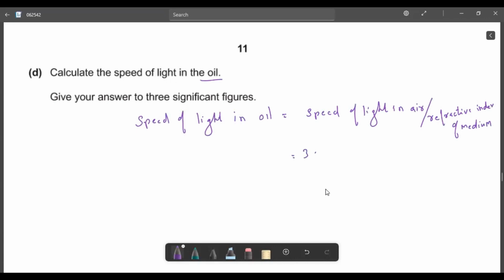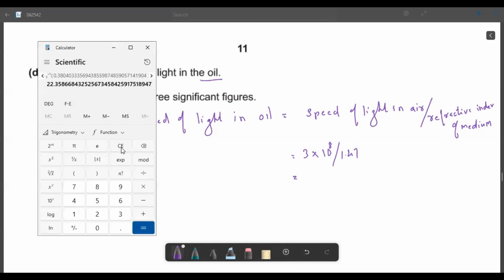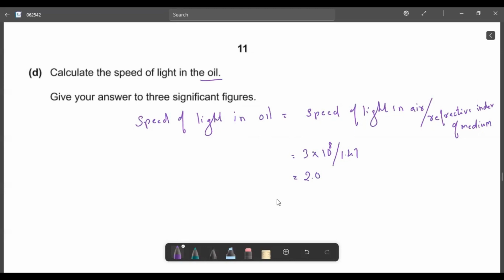So speed of light in air is 3 into 10 raised to 8 by refractive index of the medium, that is in oil, it is 1.47. 3 divided by 1.47, that is 2.04. 2.04 into 10 raised to 8 meter per second. That is the speed of light in oil.